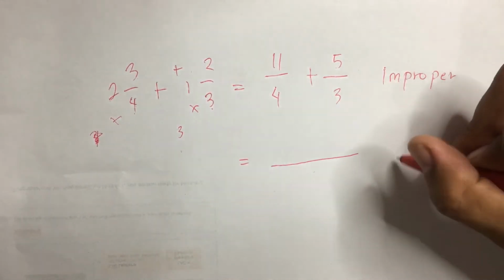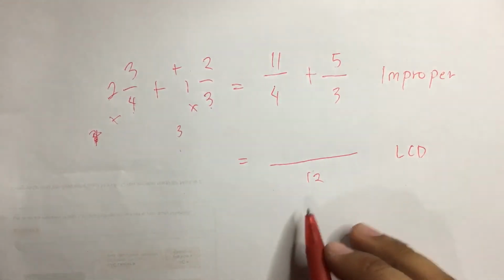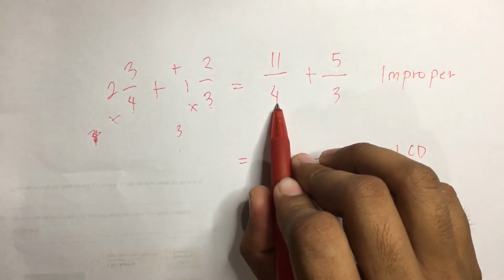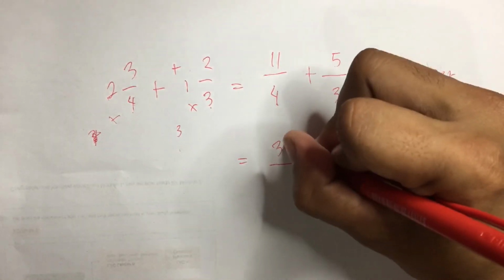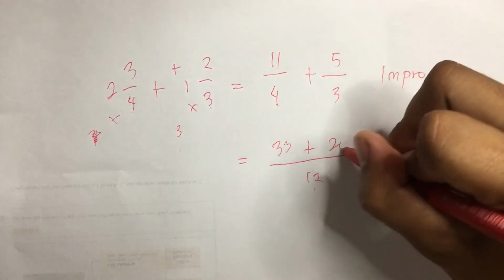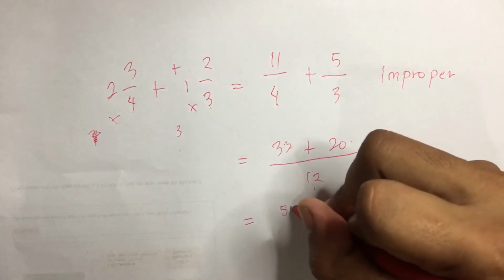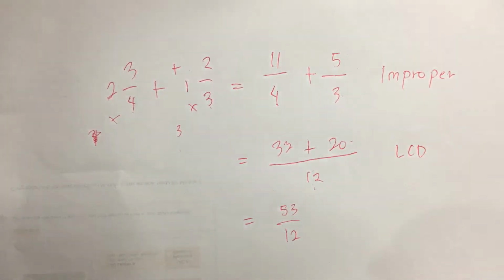Next, proceed to the LCD. 3 times 4 is 12. 12 divided by 4 is 3, times 11 is 33. 12 divided by 3 is 4, times 5 is 20. So the answer here is 33 plus 20, which is 53 over 12.